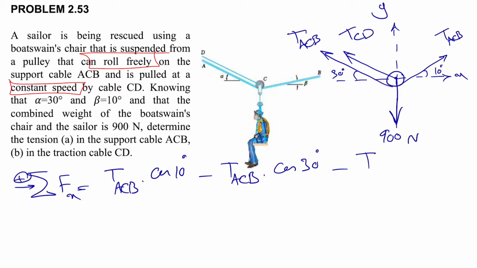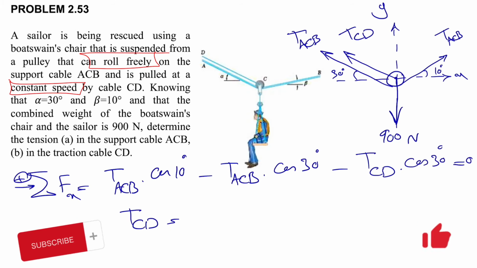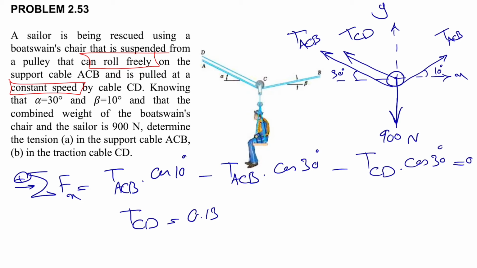So this time we'll have cosine of 30 degrees, and for TCD, we have the same thing since these two tensions are parallel to each other. So TCD also makes a 30 degrees angle with the horizontal. So we have TCD, this time cosine of 30 degrees.